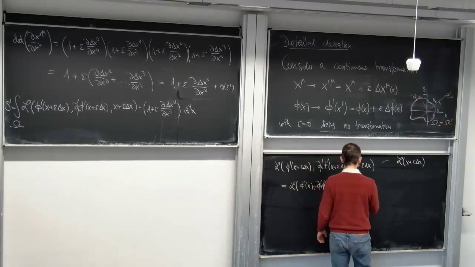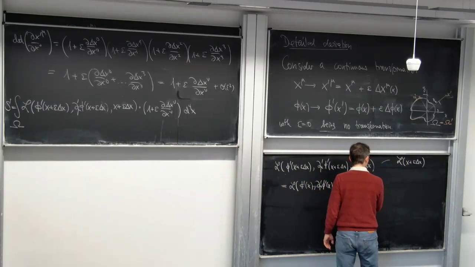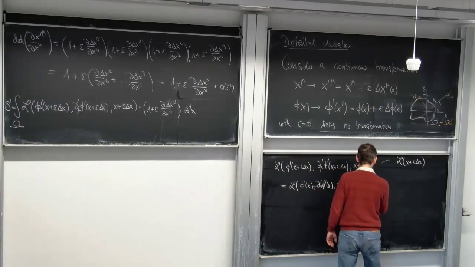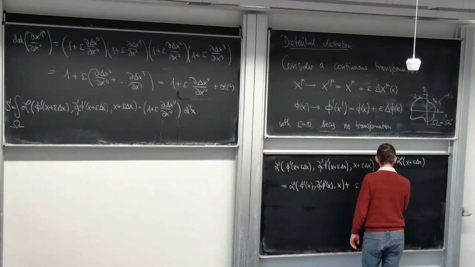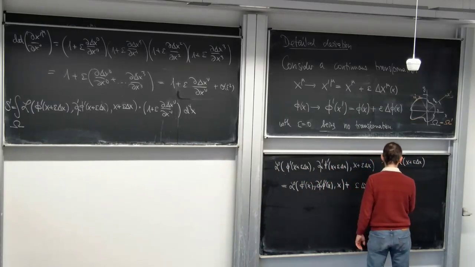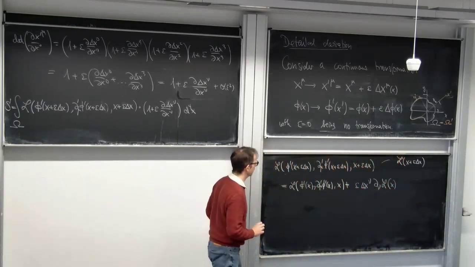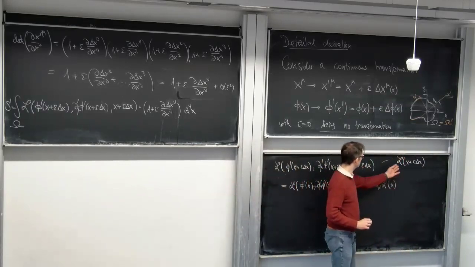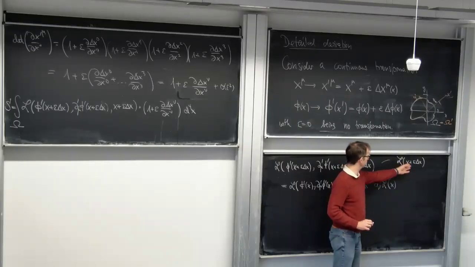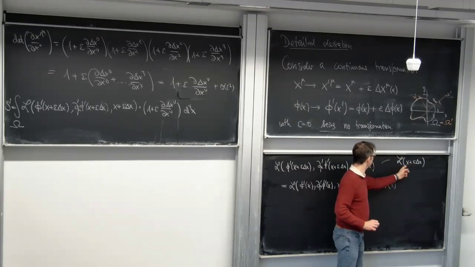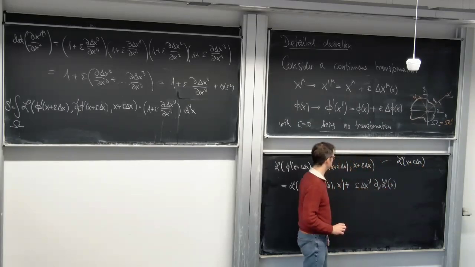So I'm writing here the epsilon delta x mu d mu L of x essentially. This is what this expansion is. If this was just an f of one variable, then the first term in this epsilon expansion would be the differential with respect to this argument, and then have this shift there.